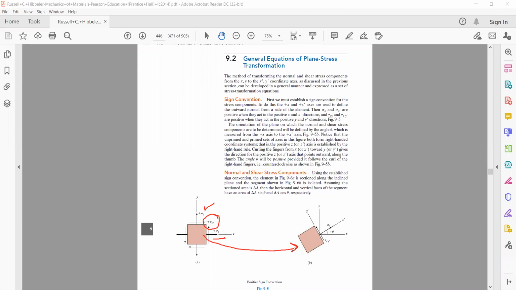Let me call this element A. As element A is rotated about its center in an anti-clockwise direction by angle theta, we get element B. If on element A you had normal stress sigma x along the x-axis, sigma y along the y-axis, and shear stress tau xy, what will be the stress acting in this direction, which we call sigma x prime? This is now the x prime axis.